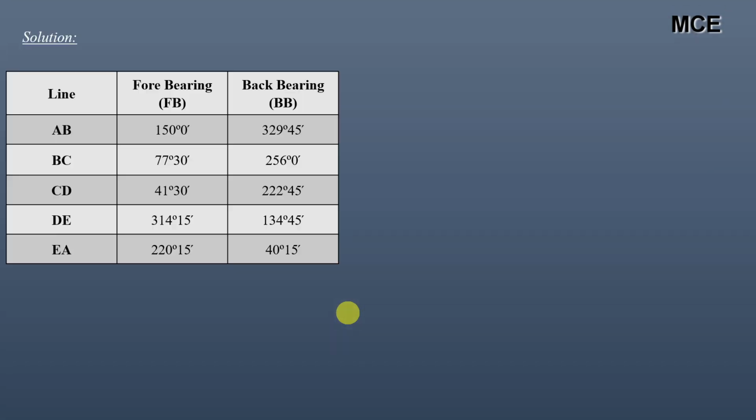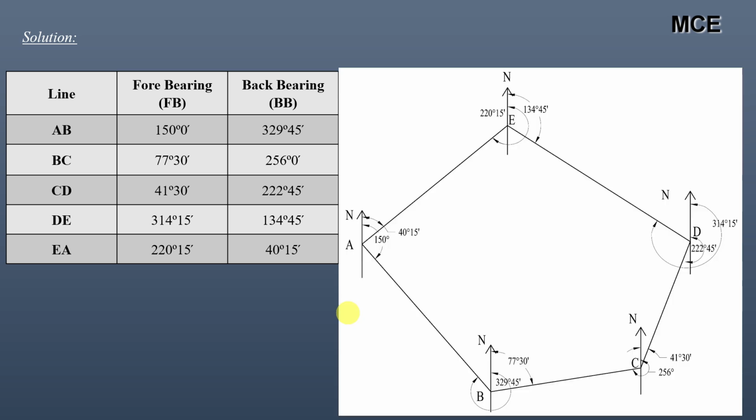Since we have been given the fore and back bearings, we will make a rough sketch of this closed traverse. Line AB has a fore bearing of 150 degrees and back bearing of 329 degrees 45 minutes. Line BC has a fore bearing of 77 degrees 30 minutes and back bearing of 256 degrees.